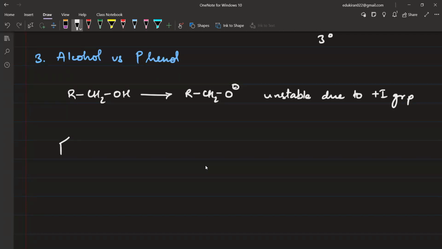But if you look at phenol, phenol will give you phenoxide ion. And wait a second. Let me give the bonds like this.